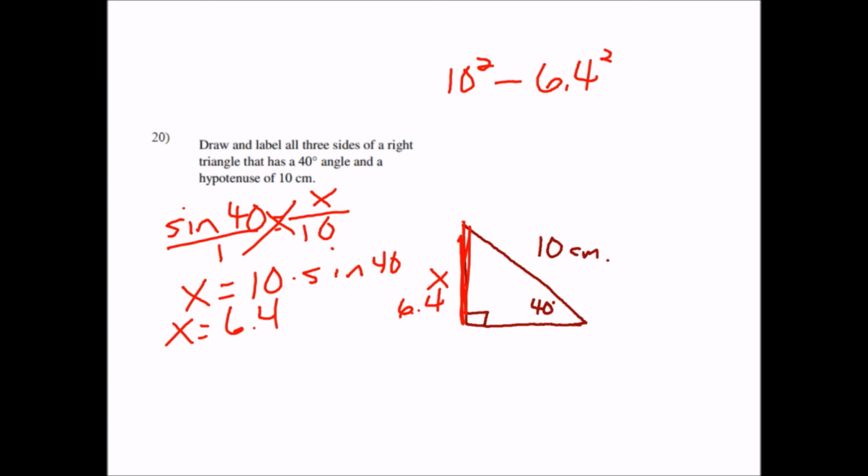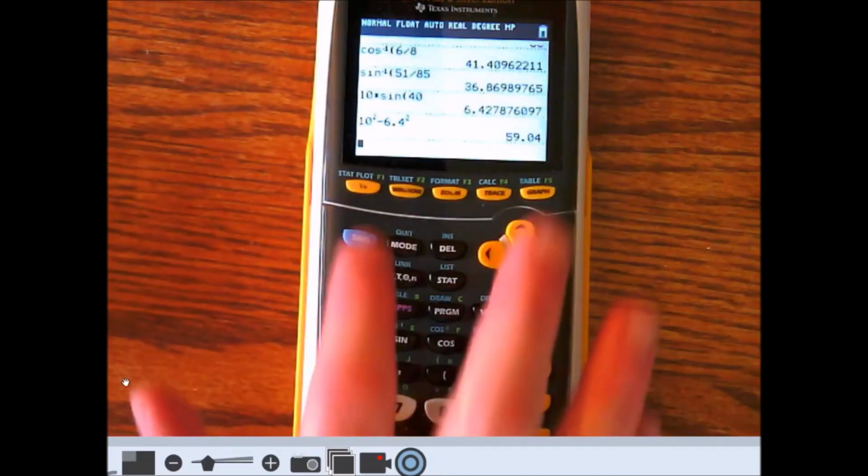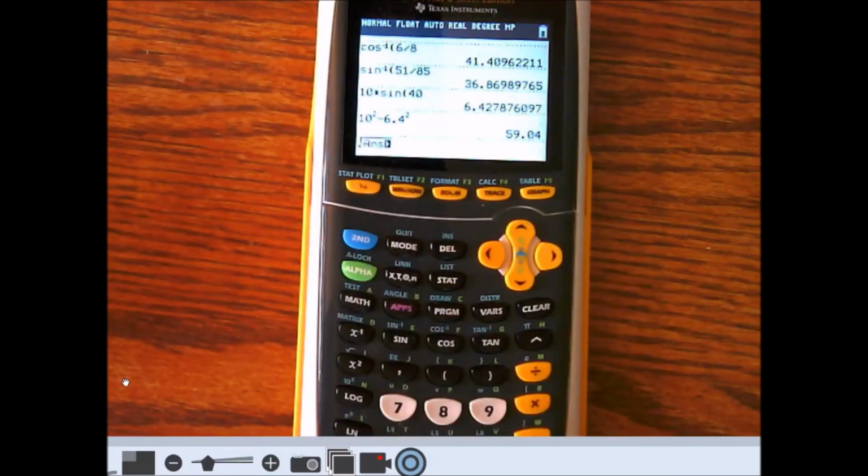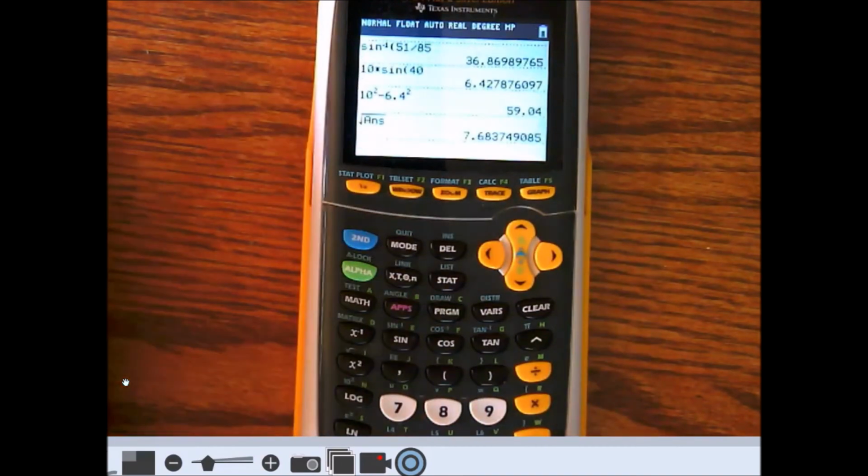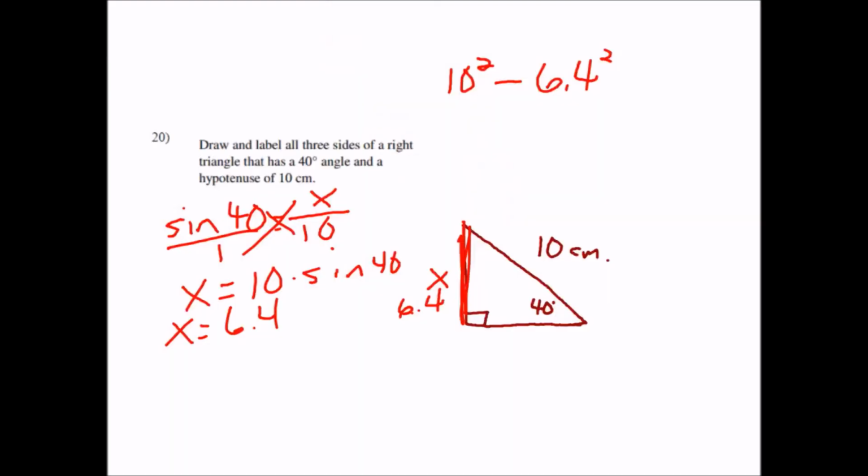Let me show you my calculator. And then take the square root of that answer. And our other side should be right around 7.7. So the square root of 59.04. So 7.7.